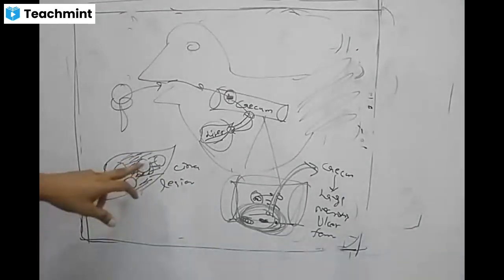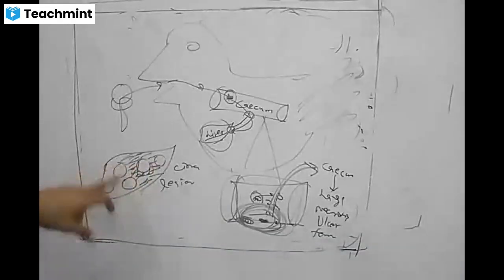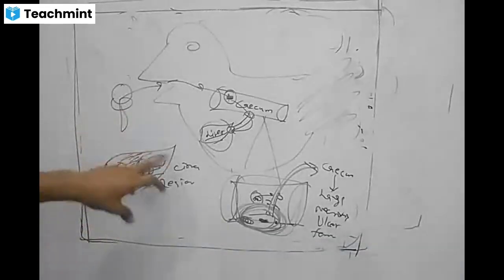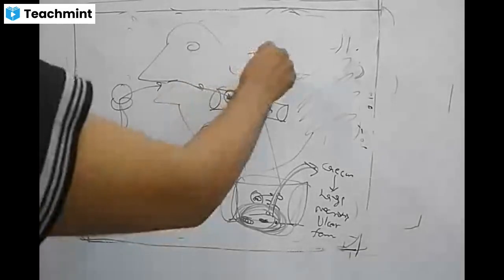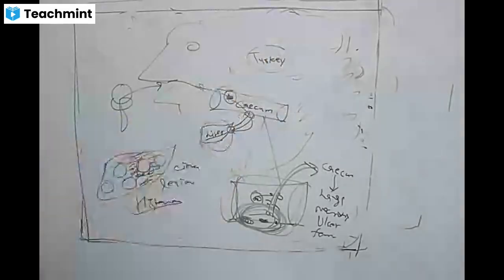It means these are button-like, circular necrotic lesions. They are depressed from the surrounding area, and this is the characteristic of Histomonas. And the bird is your turkey.